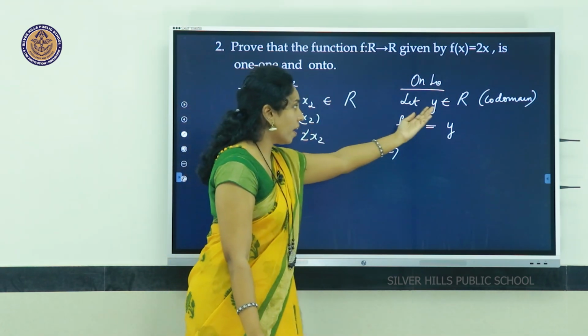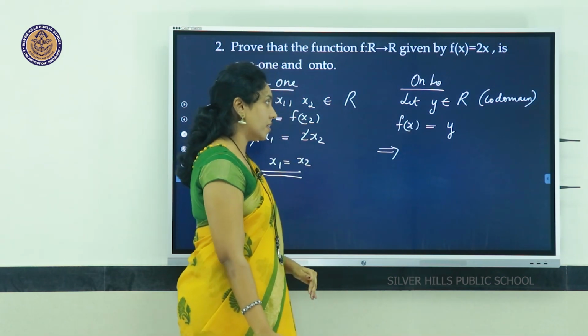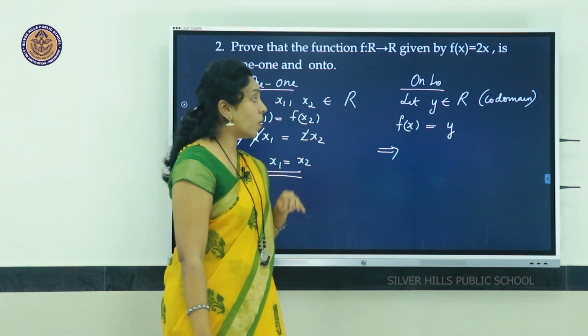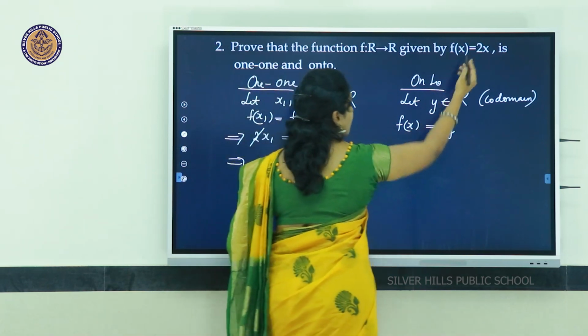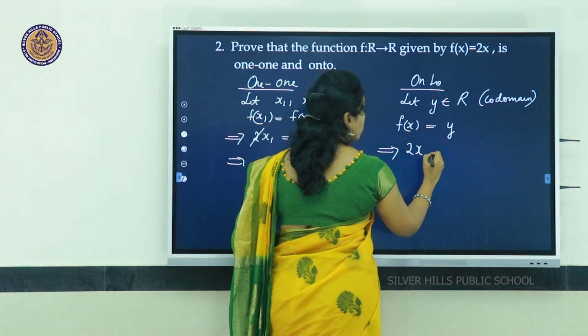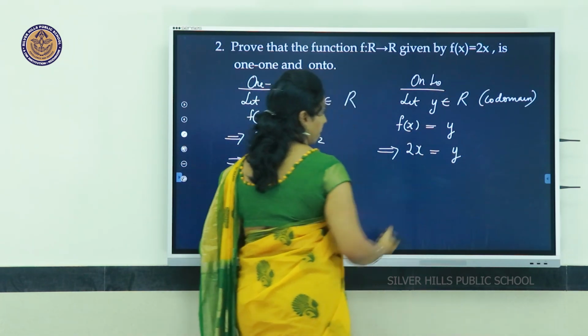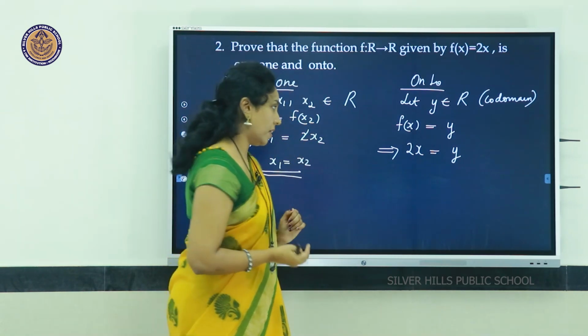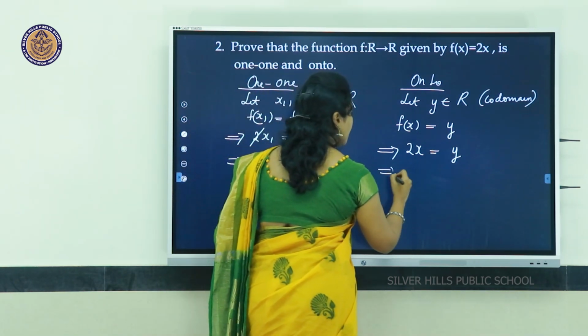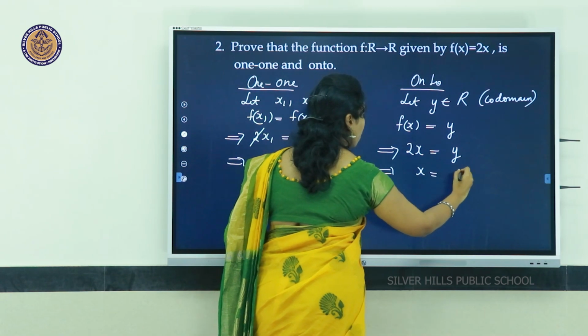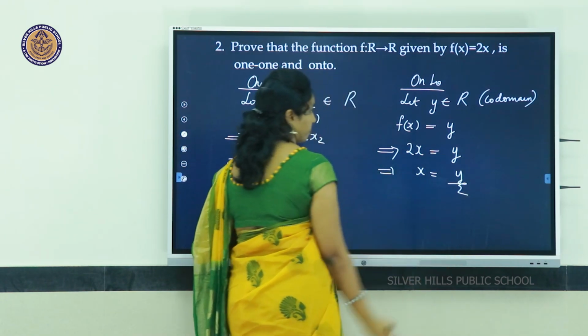So, if I consider y in the second set, f of x equal to y implies, what is f of x? It is 2x. I get 2x is equal to y. Now, I am going to separate x and y, which implies x is equal to y by 2.